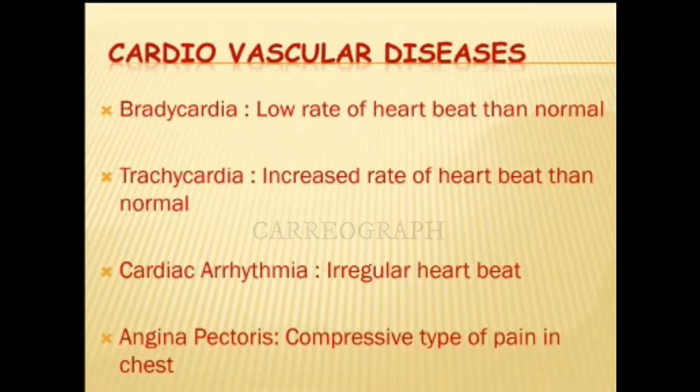In tachycardia, there is an increase in the rate of heartbeat than normal. Cardiac arrhythmia is irregular heartbeat, and angina pectoris is a compressive type of pain in the chest. It is the acute pain seen in angina pectoris.